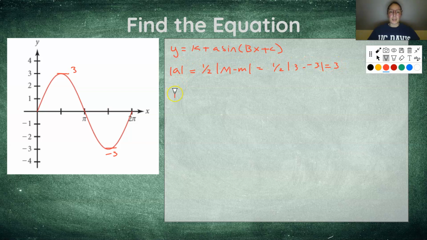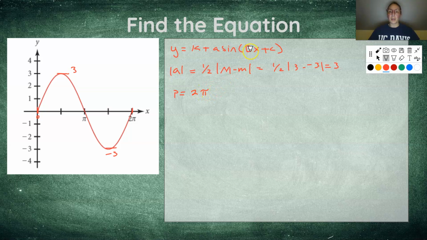Let's look at the period. The period goes from, now I'm looking at the x values, x value 0 to x value 2 pi. So the period here is 2 pi. The period of the base graph is also 2 pi.